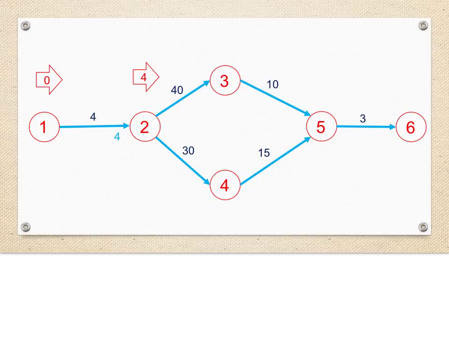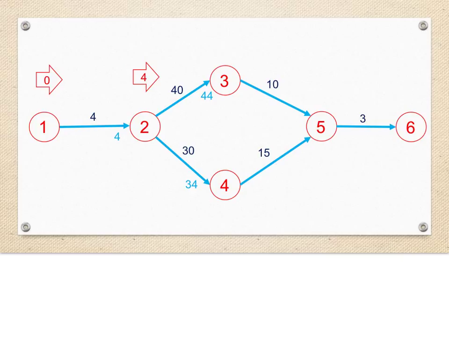This value, the earliest finish time, then becomes the earliest start time of event 2, meaning that the earliest that we can begin sampling concrete or sampling soil is 4 days after the project begins.